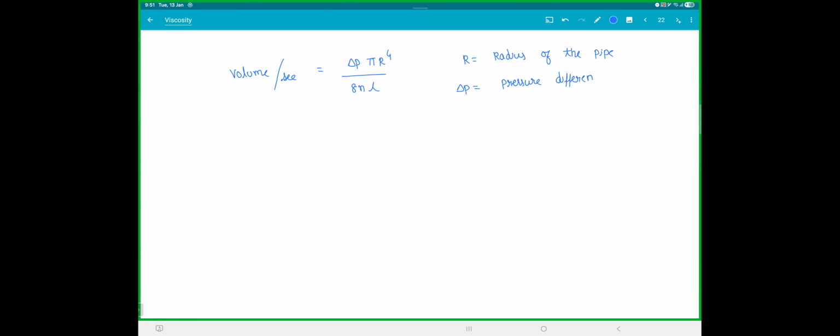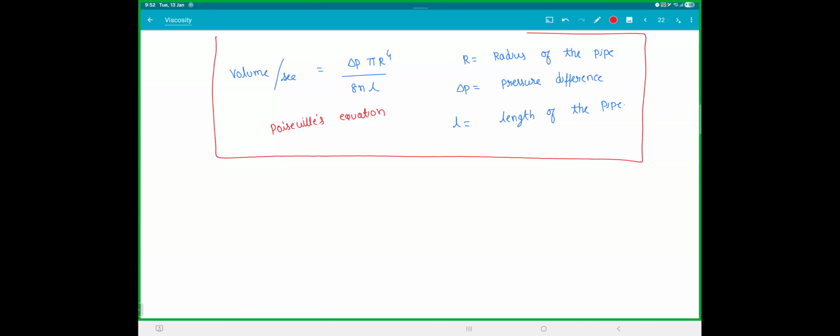If you notice that, if you take a pipe of radius R and 2R, the 2R pipe will have 16 times more liquid flowing per second. L is the length of the pipe, so the longer the pipe, the more difficult for the liquid to flow. Eta is your coefficient of viscosity. This equation is called Poiseuille's equation. You should definitely remember this formula.